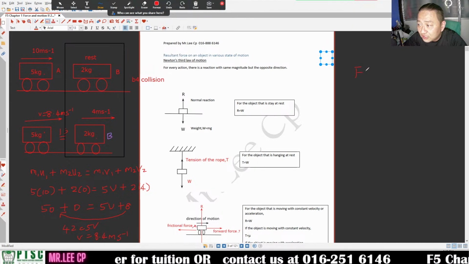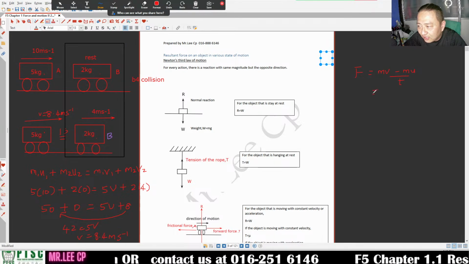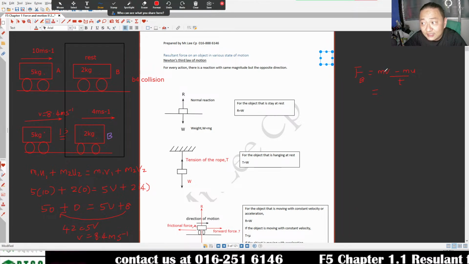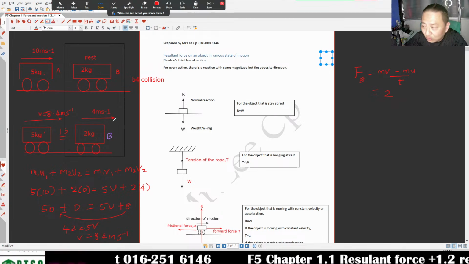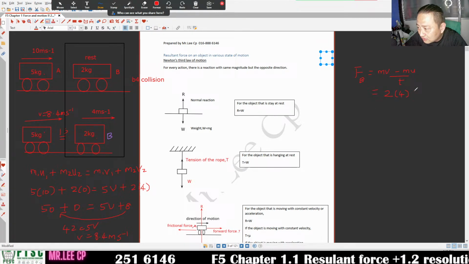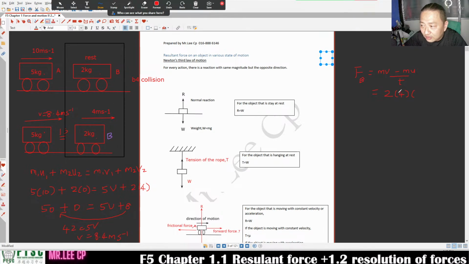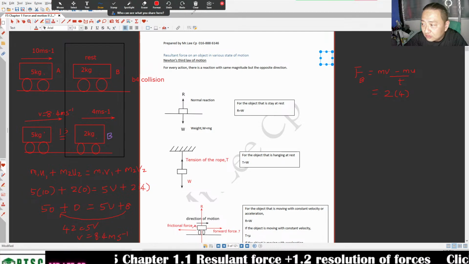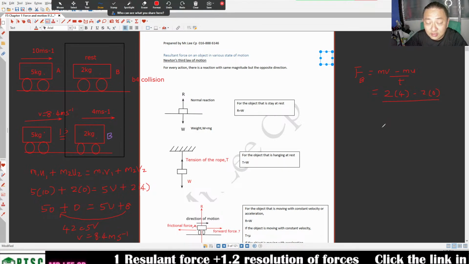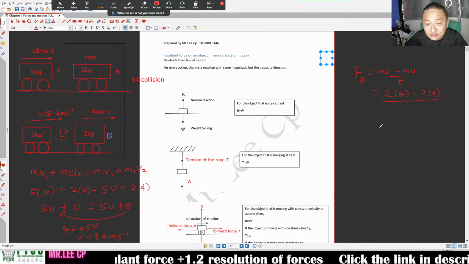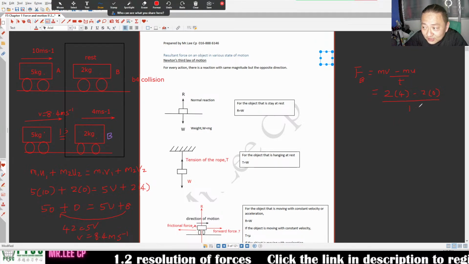Impulsive force is mv minus mu divided by t. For B, m is 2 kg, final velocity 4, so 2 times 4, minus mu, which is 2 times 0, over t. t is 1 second, as I told you.